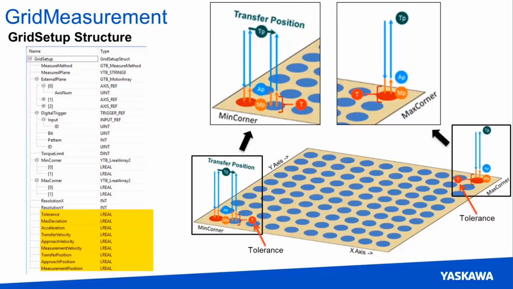Once you've reached the approach position, you slow down to a slow velocity, and at which point grid measurement is waiting for your sensor or torque limit to be triggered, at which point it would record the position. The tolerance is the most critical of all of these settings, as it is user defined and it is an amount above or below your measurement position that you deem is acceptable for measurements.